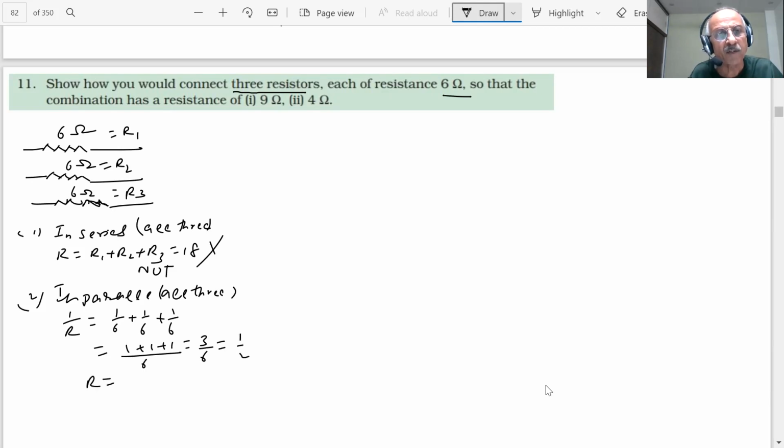So R is 2 ohms. This is not a choice. This is also not the correct answer. Okay, then you try something else, students.